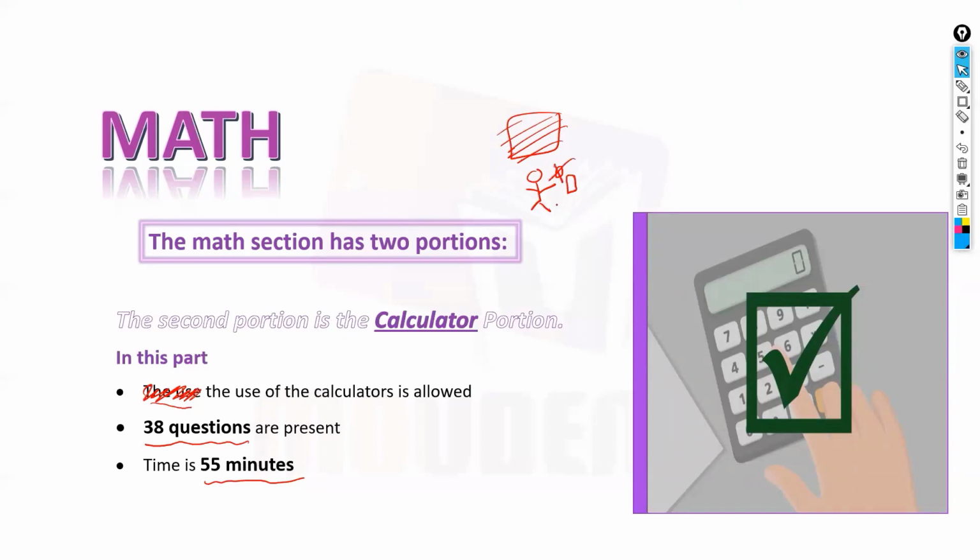No, this is not the case. You will be using the calculator for really hard questions, especially since some questions are almost impossible to solve without a calculator. And these questions, out of the 38 questions, could be like 3 or 5 questions.